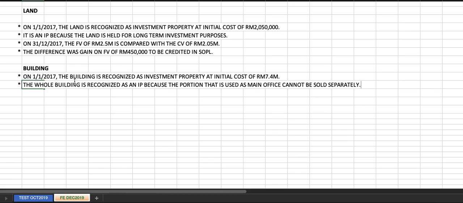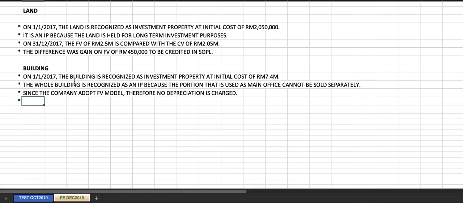So we have answered why. It justifies why we recognize it as IP. The whole building is recognized as IP because the portion that is used as main office cannot be sold separately. Next, we will talk about since the company adopts the fair value model, therefore no depreciation is charged on the building. Not necessary to say on the building also fine.